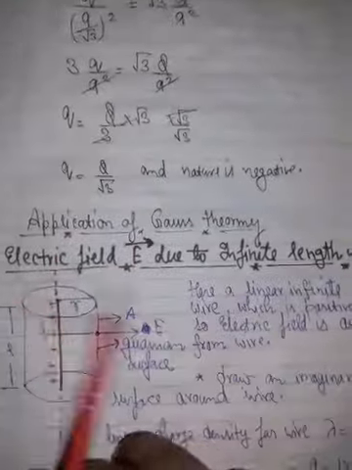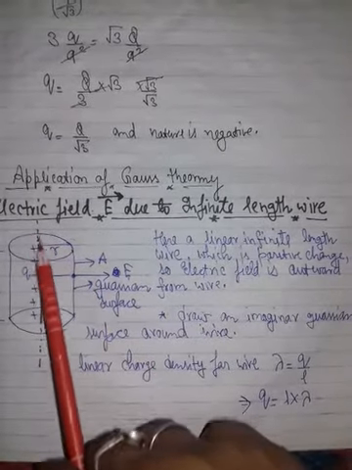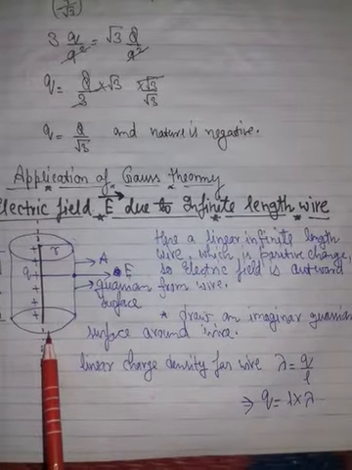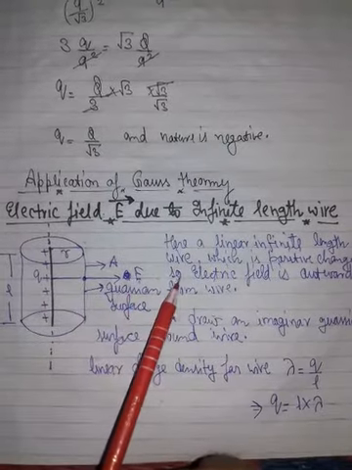Next point is the electric field due to an infinite length wire. This is a derivation. Okay, that's the infinite length wire. The dotted line means an infinite wire having positive charge, so the electric field is outward.